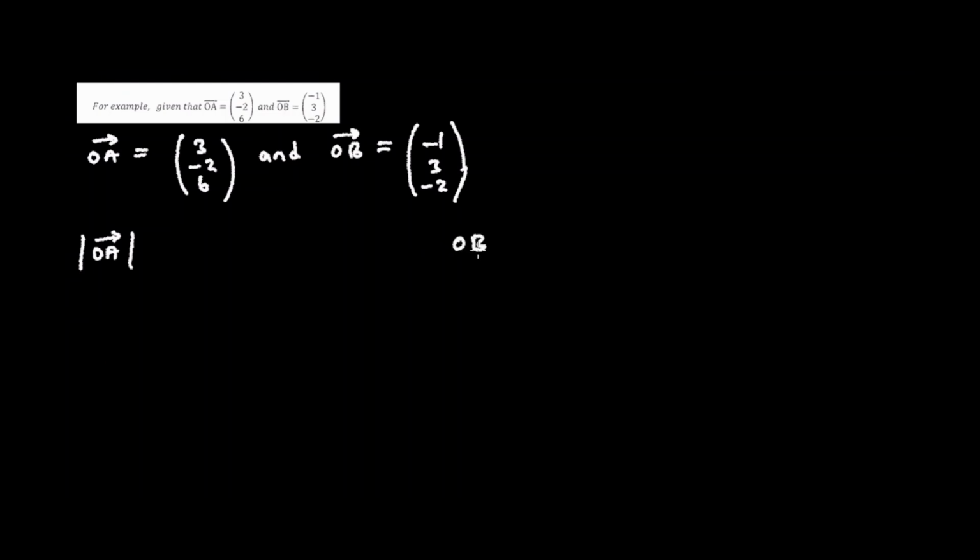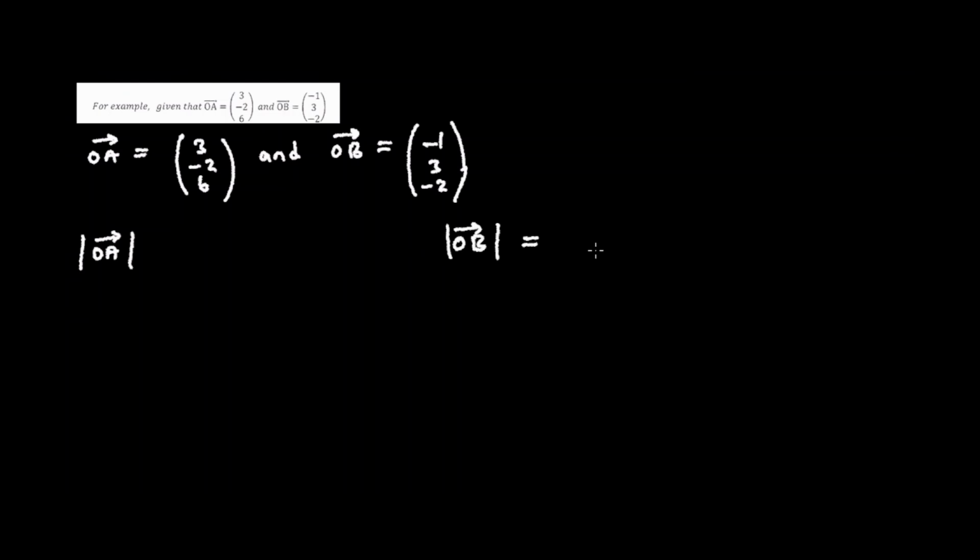Yakati, for example, given that position vector OA is equal to (3, minus 2, 6), and OB is equal to (minus 1, 3, minus 2), like that. Sakandoma position vectors atapiwa, truda kutsvaga the size of OA, the magnitude modulus of OA, toda futi kutsvaga the size, magnitude, and modulus of OB.